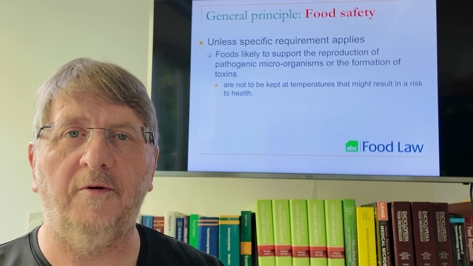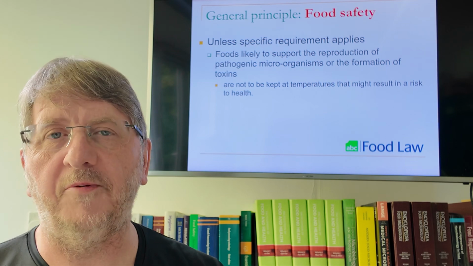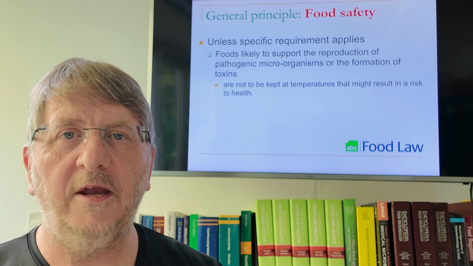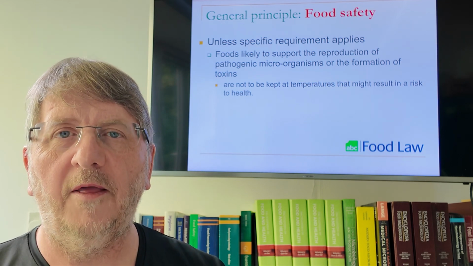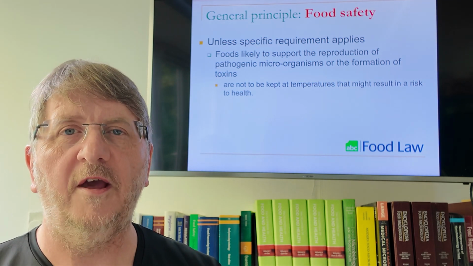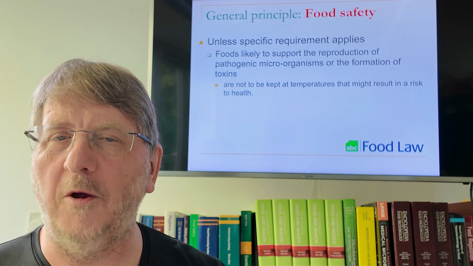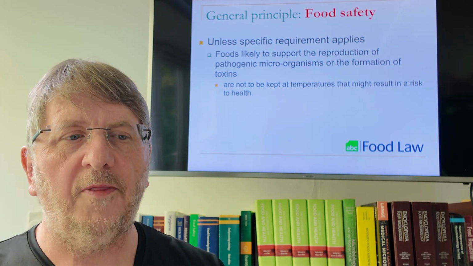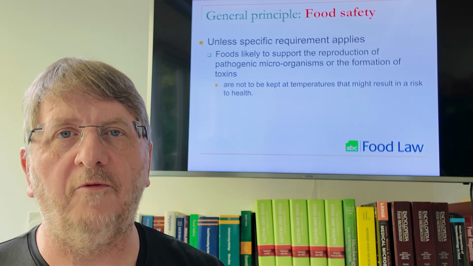In Scotland there are not. So if you don't have specific temperature requirements, then the general principle is that foods that are likely to support the growth of dangerous food poisoning bacteria or the production of their toxins, poisons, should be kept at temperatures that will not result in a risk to health.